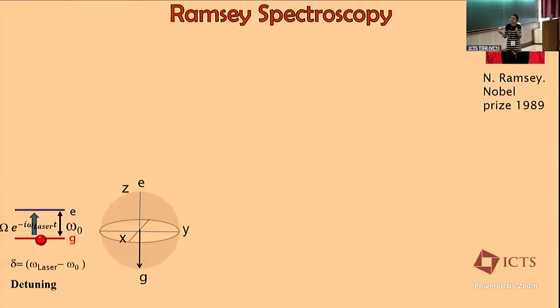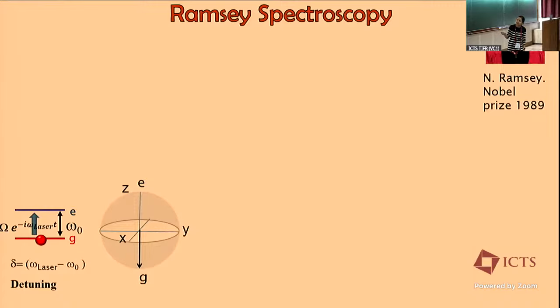Basically, we imagine the atom as a two-level system, but we visualize it in what is called a Bloch sphere. If the atom is in the ground state, the arrow is pointing down. If the atom is in the excited state, the arrow points up. And if we have an equal superposition between the ground and excited state, the arrow is at the equatorial point.